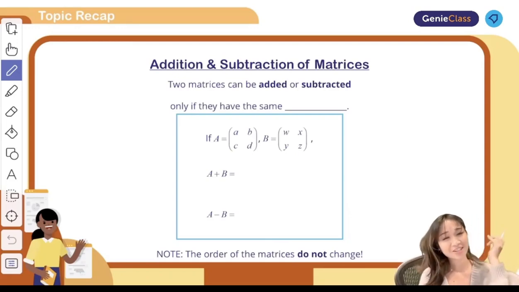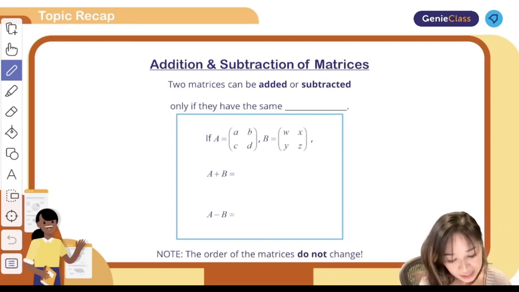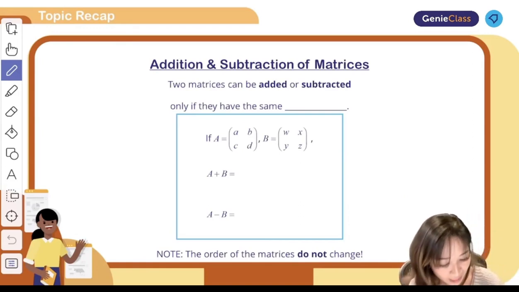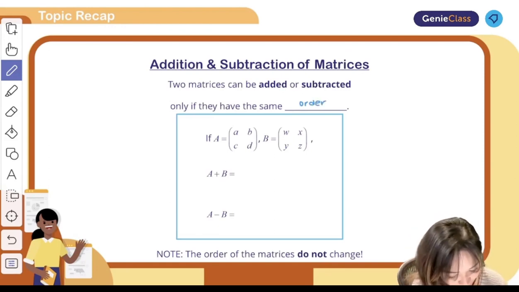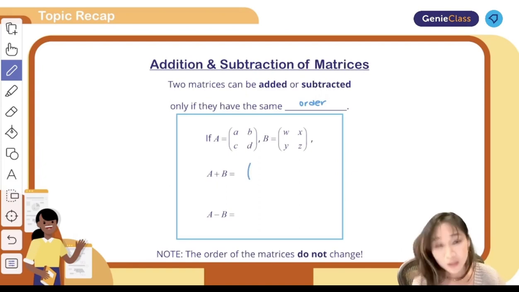Two matrices can be added or subtracted if and only if they have the same order. I hope everyone knows what order of a matrix is. Again, we take the corresponding positions and corresponding elements, and we add or subtract them.